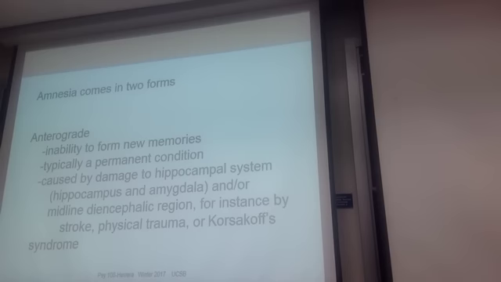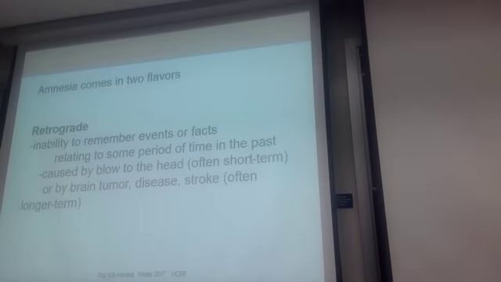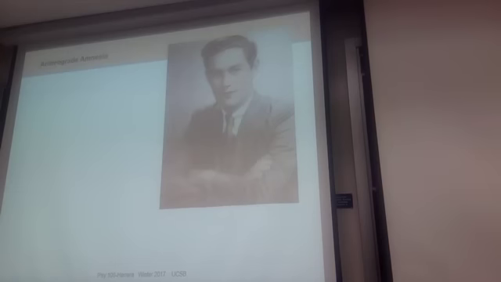Yeah? Can retrograde amnesia also be caused by damage? Or is it just, if you had hippocampal damage, you wouldn't get just retrograde amnesia. You might get both for a bit, but like with the example of HM, which we're getting to here, he had damage to his hippocampus because they actually cut that out because of his seizures, but because of that, it actually didn't damage his past memories.